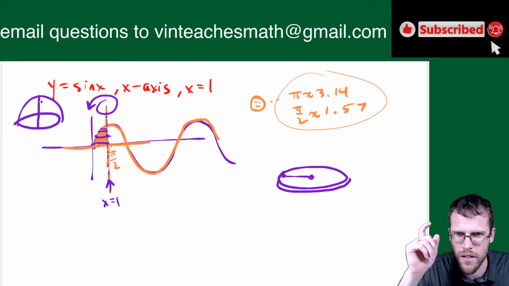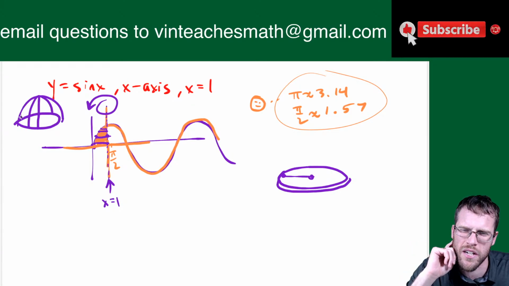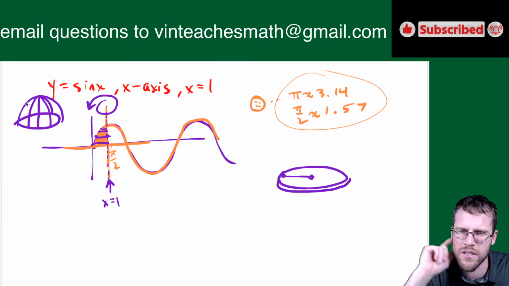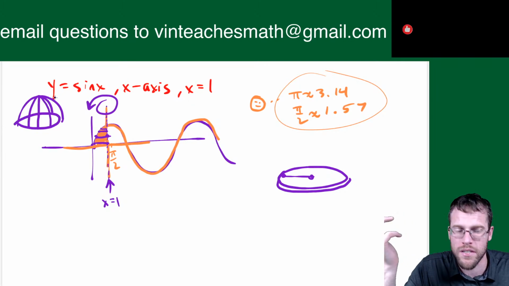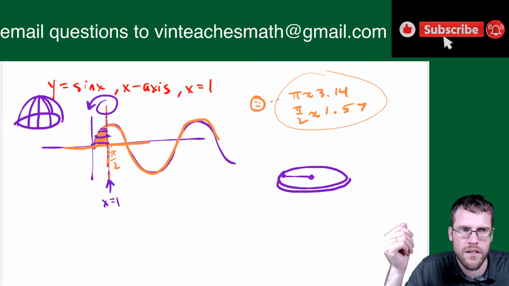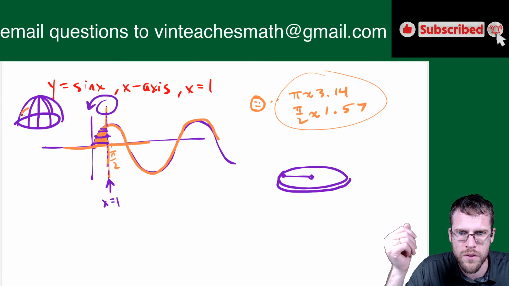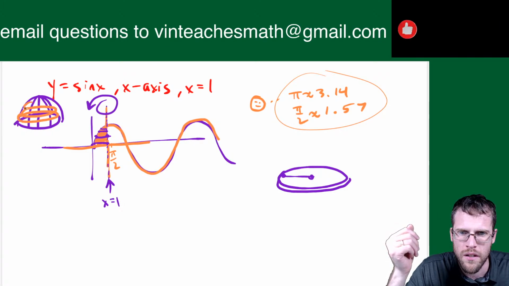It's almost like not a cylinder, like a dome of some kind. Maybe like a bird cage. That's what I'm imagining this solid is. But the way we're finding the volume of it is we're doing horizontal disks like this, and we're adding up the volume of all of these thin ones.